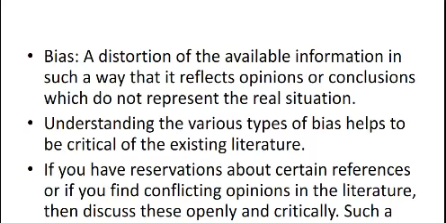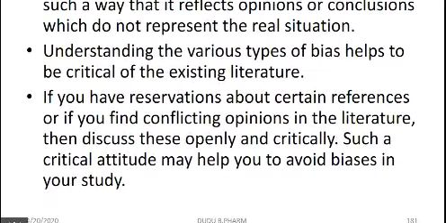Understanding the various types of bias helps you be critical of the existing literature. If you have reservations about certain references or you find conflicting opinions in the literature, discuss this openly and critically. Such a critical attitude may help you to avoid biases in your study.